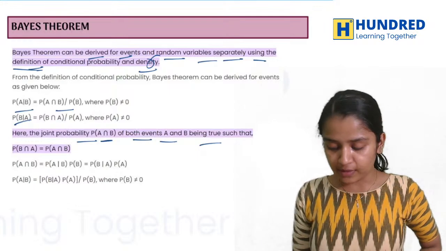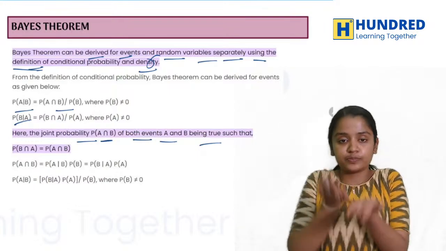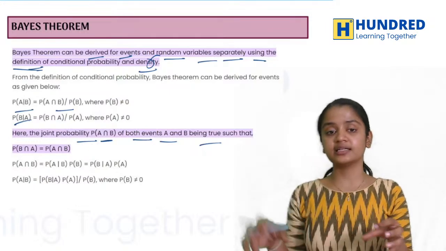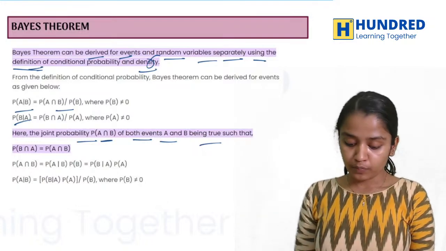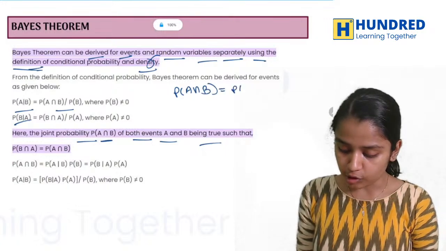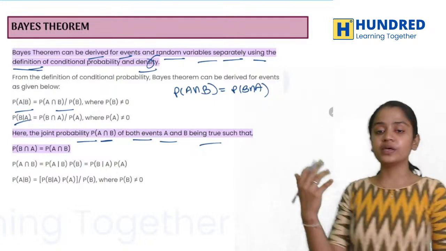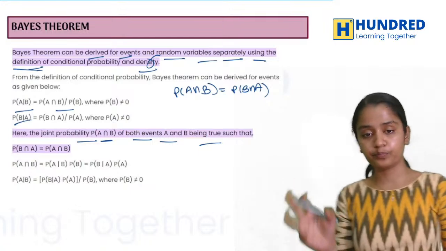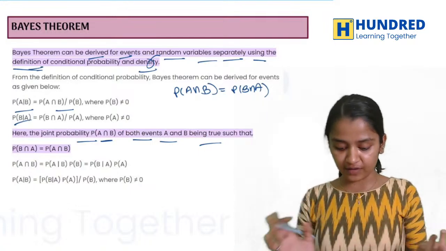Both A and B, that is intersection, right? ரெண்டு ஈவென்ட்டுமே நடந்தா ரெண்டுக்கும் intersection, ரெண்டு ஈவென்ட்டுமே நடக்கும், அதுதான் intersection னு சொல்லுவோம். So this is nothing but your joint probability. So basically P of A intersection B is equal to P of B intersection A. What does that mean? நீங்க A வும் B வும் காமன் பார்க்கலாம், இல்ல B யும் A வும் காமன் பார்க்கலாம். புரியுதா? ரெண்டுமே ஒண்ணுதான், பேசிக்கலா ரெண்டு ஈவென்ட்ஸ் தானே, அதோட காமன் அவ்வளவுதான்.